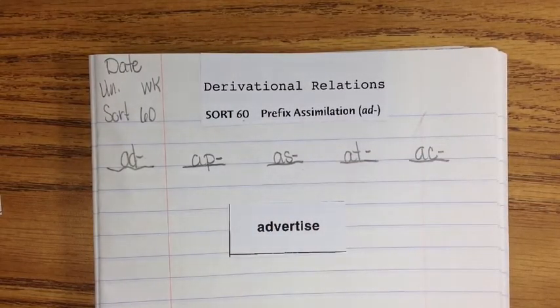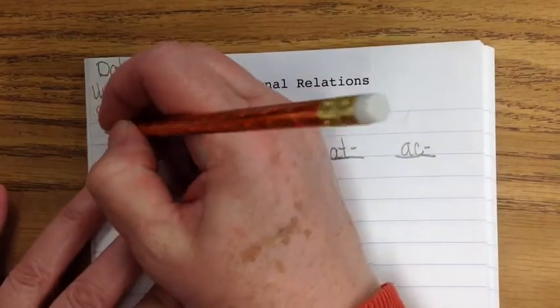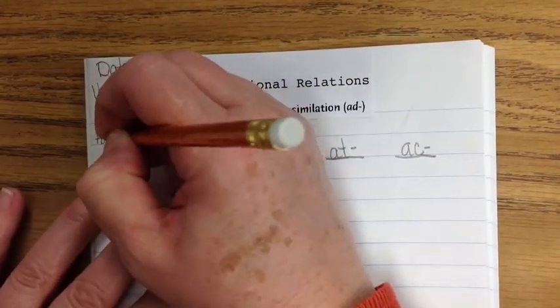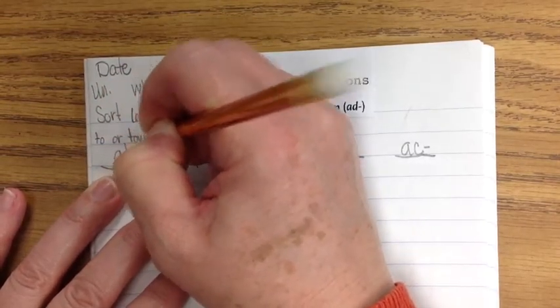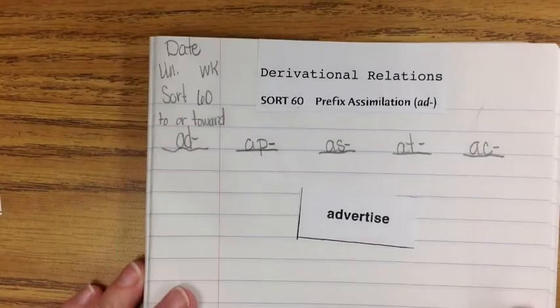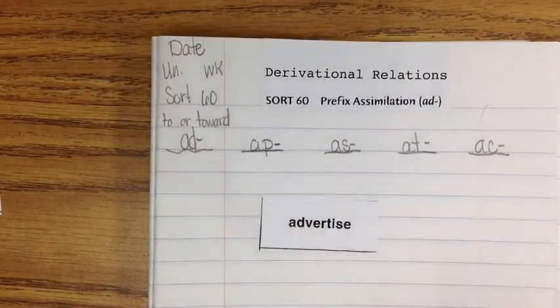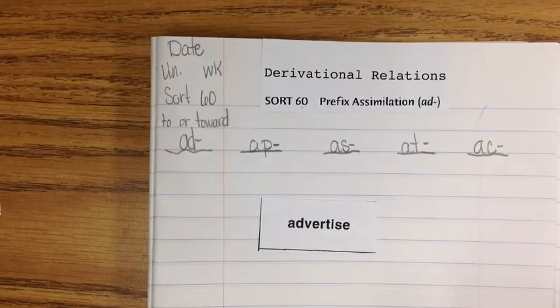So AD also takes on different shades of meaning, but generally it suggests to or toward. So I'm going to write to or toward. Okay, AD. So advertise. In advertise, it literally means turn to.